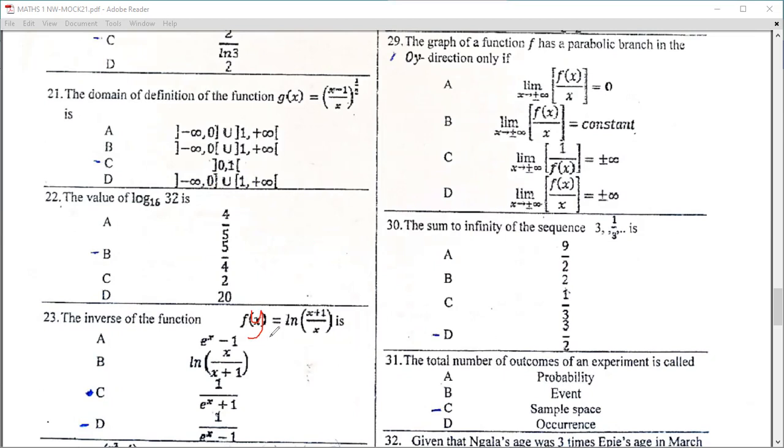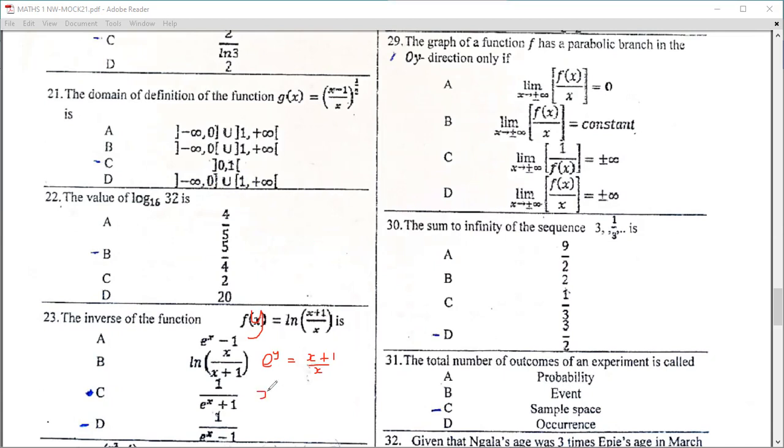So e to the power y should be equal to e to this value on the right-hand side. When we take e to the ln of anything, it is equal to that same thing. So this will give us x plus 1 on x.